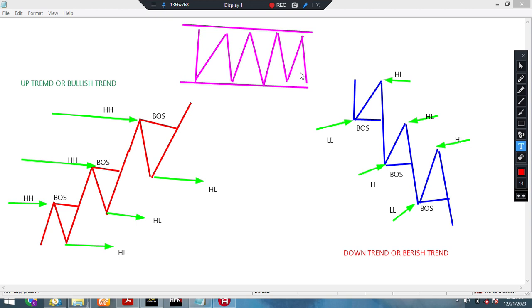So for those of you who have the software, it will not give you a BOS. It will just break out. The next thing, it will fall back inside the range again. It will not give you a BOS. And that is why we say you should wait for a break of structure, then let price come to the order block.